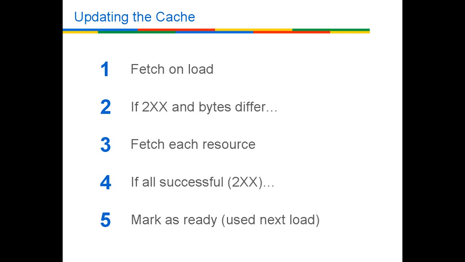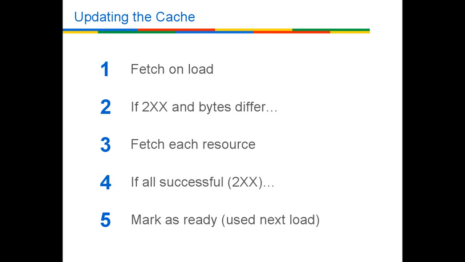Now, if the manifest is served with a success, like an OK response code, 2XX, or the bytes are different. So a not changed response code does not trigger an update, and also just having the cache returning a 200 response code for the cache also does not trigger an update.